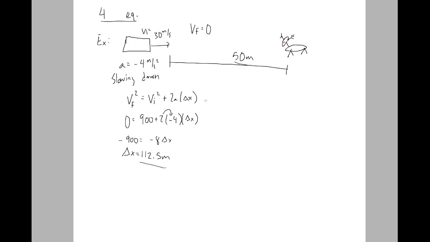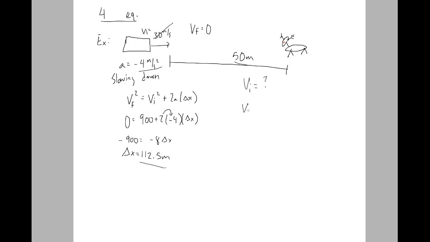So let's say I want to know, what's the maximum speed I could have with these brakes in order to not hit the deer? Well, in that case, I know 30 meters per second isn't going to work. So now I'm looking for my initial speed.